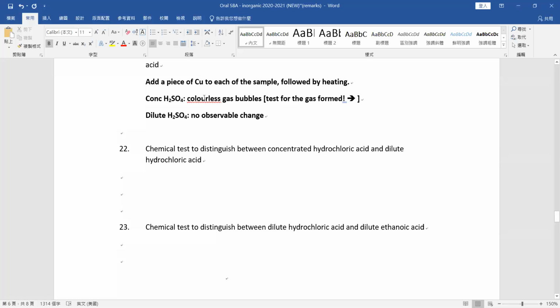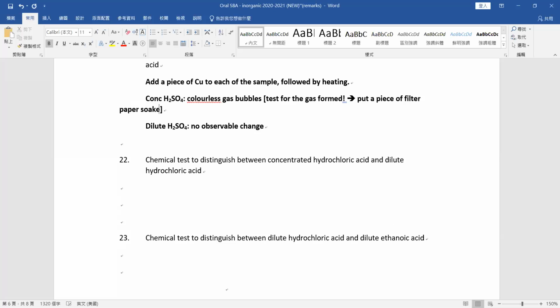So you had better take a look at Wu Ka-lun's answer. You use a filter paper soaked with acidified potassium dichromate. Yes, that's right. So you put a piece of filter paper soaked with acidified potassium dichromate solution to where?